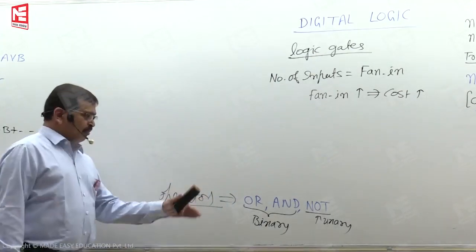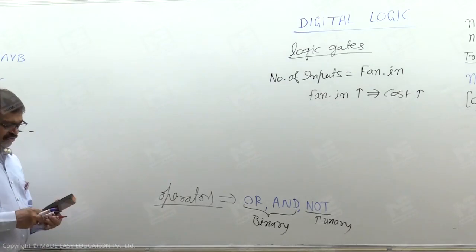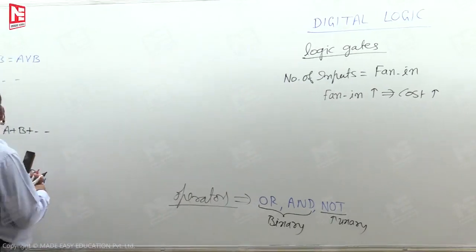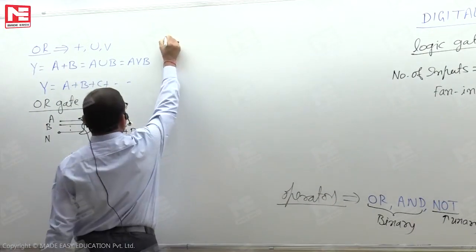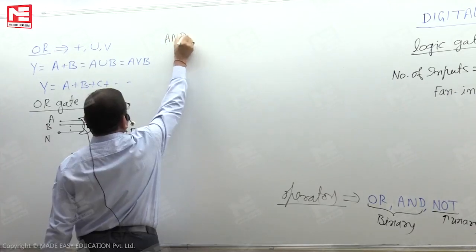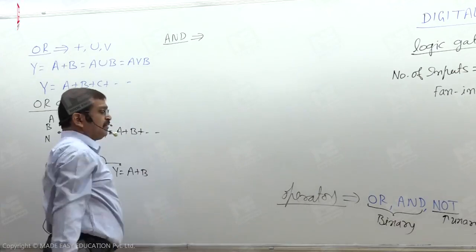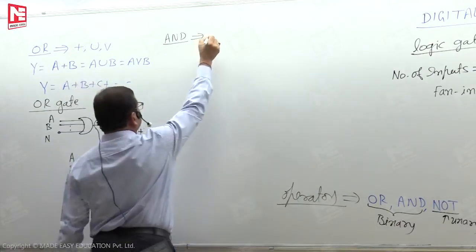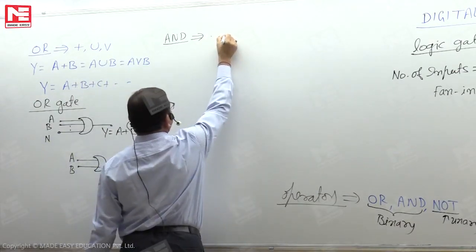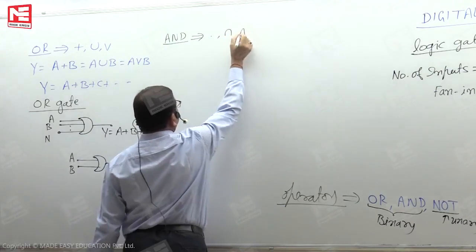Let's come to the next operator, that is the AND operator. It is also a binary operator. Symbolically, we can represent this operator by using any one of these symbols.